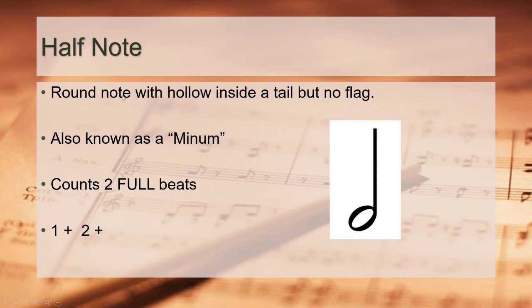So just a quick one, this will be a round note with a hollow inside and a tail but no flag. It's also known as a minim by our British folk, and it counts 2 full beats. So if I press the note, it'll be 1 and 2 and.